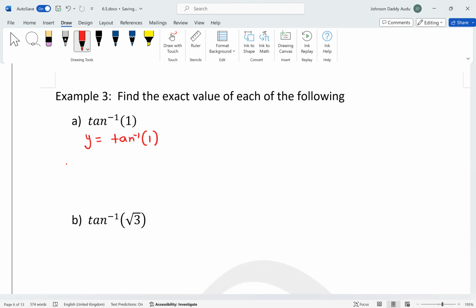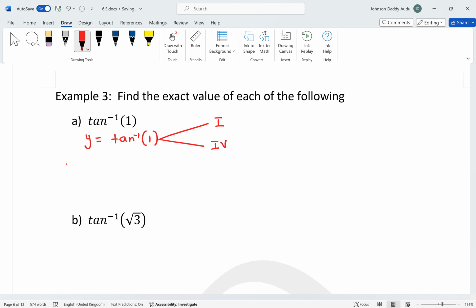But the range of tan inverse is from minus pi over 2 to pi over 2, which is just going to be the first or the fourth quadrant, right? Okay.